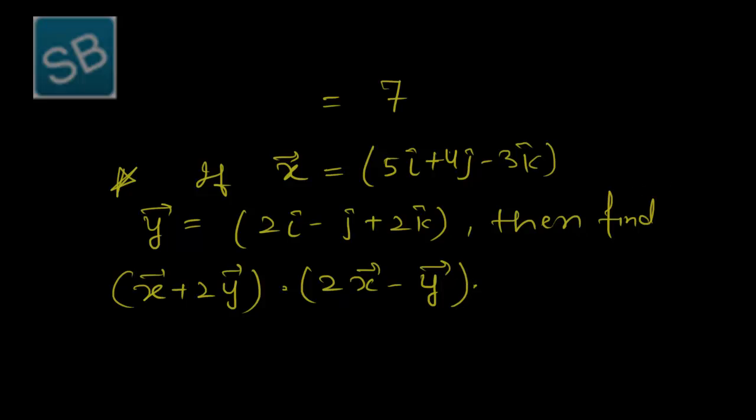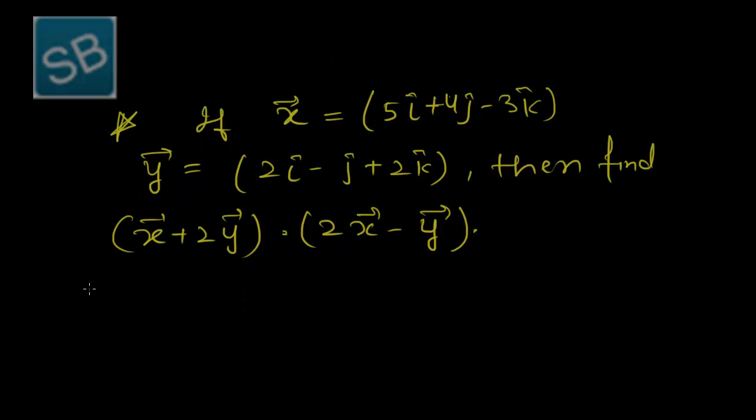So we have to find the dot product of these two brackets. First of all, we will find vector x plus 2 times vector y.